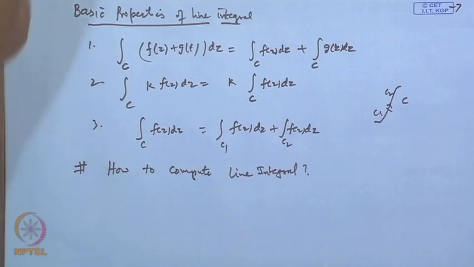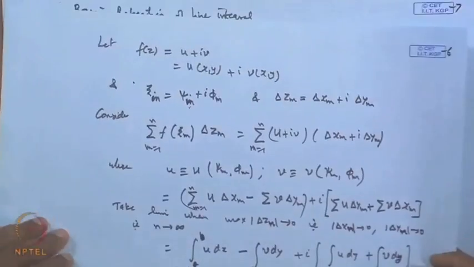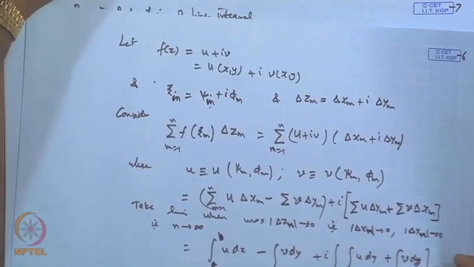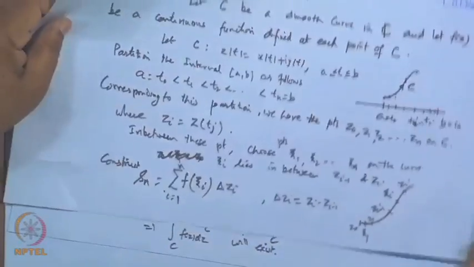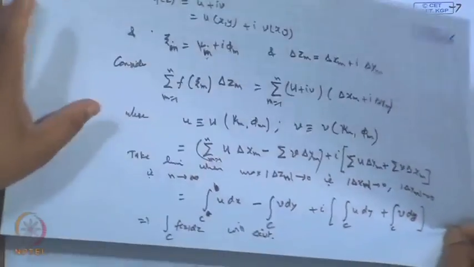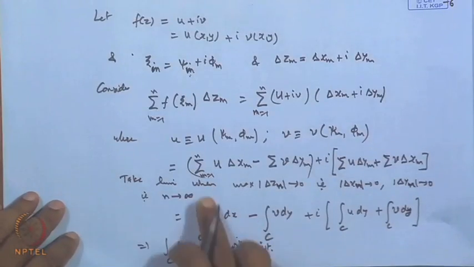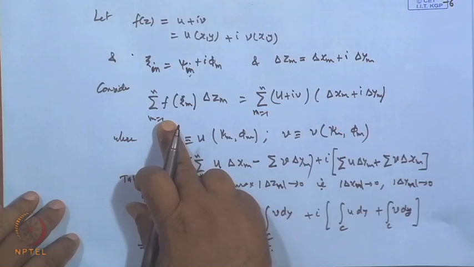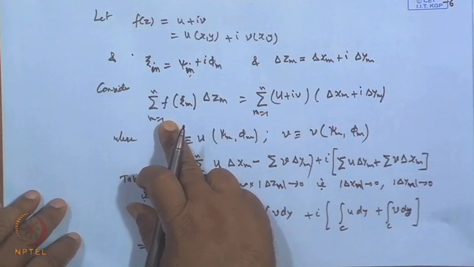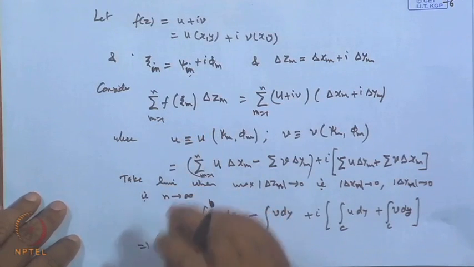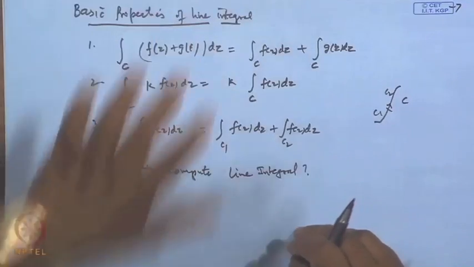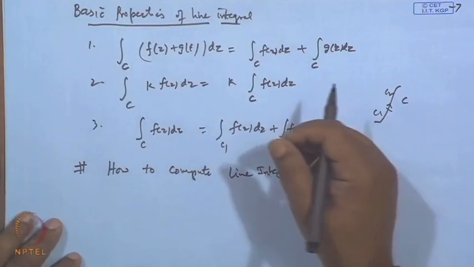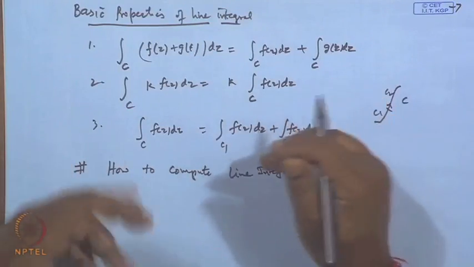Because we know the definition: by definition, the line integral is nothing but the limit of this sum, is it not? You take the partition of this, take the limit of this, and when the limit exists, we say the line integral exists. But this is the basic definition of a line integral, and for every line integral you cannot do this calculation by partitioning every time. So, how to compute it?